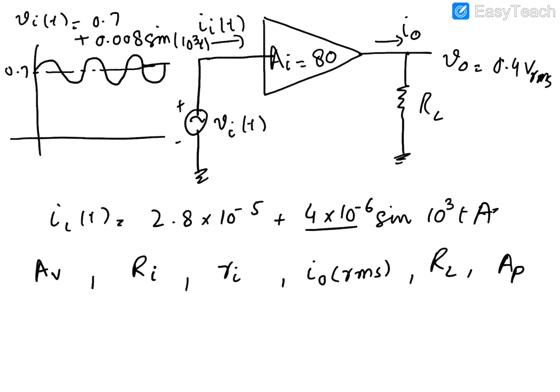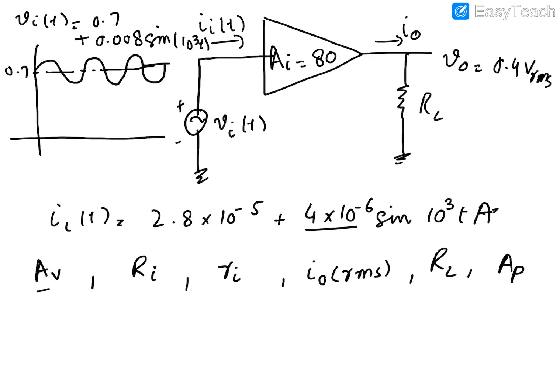So first we will measure AV. For calculating the value of voltage gain, we have to find the RMS value of input voltage, because in a ratio both values should be in the same form, either in peak value or RMS value.